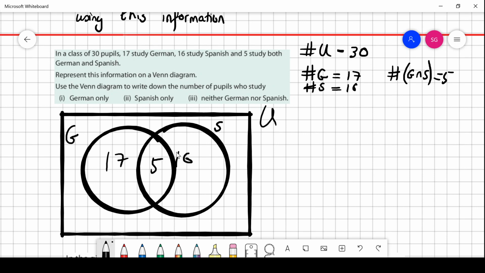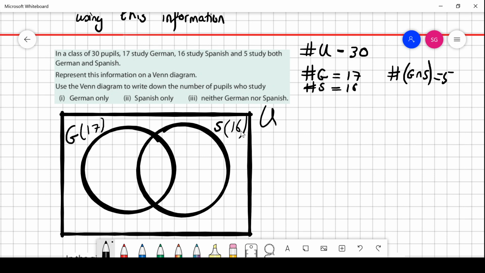What you're going to have to remember here is that the cardinality of G, the German-speaking students, is 17. So you've got 17 students in this whole circle, okay? So let's go 17 here. Same thing for Spanish. You've got 16 students in total in this whole section here. So we'll pop 16 in here.